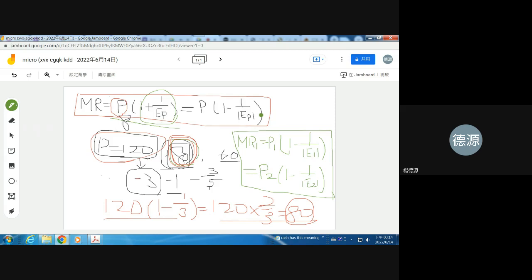So let me briefly review what is going to happen in your final. There's going to be cost function and production function.